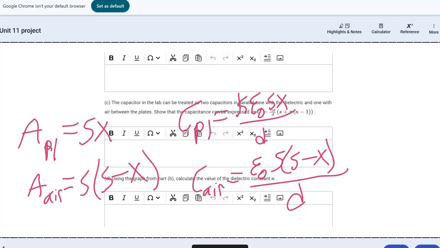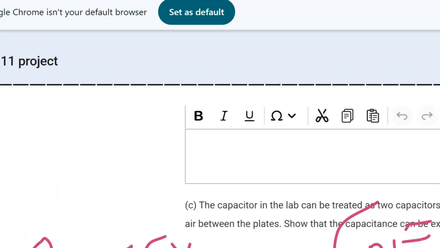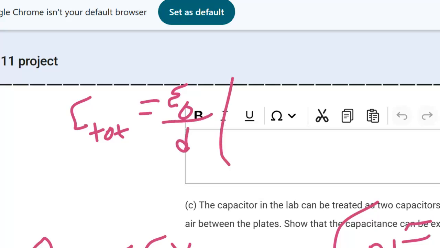So then we could factor out epsilon naught over D times (K x plus S minus x).